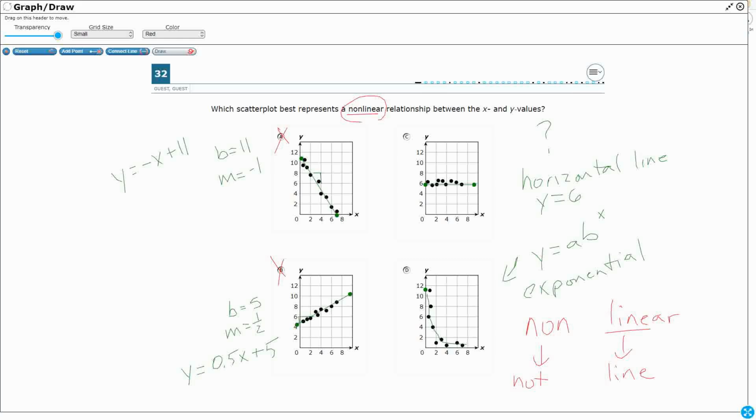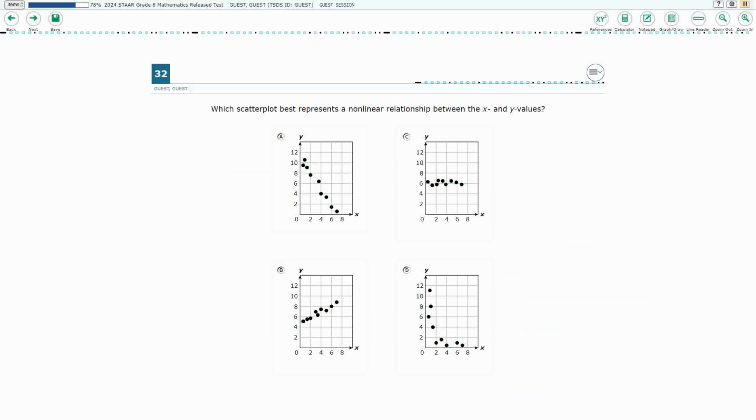So which of these scatter plots best represents a not line relationship? Well, this one is a line. It's a straight horizontal line, so we don't really need an x represented in that equation. That one's going to work. So we can't use it because it is a line, which means the only one that is not a line is this curve, and that's going to be our exponential. Answer is D.